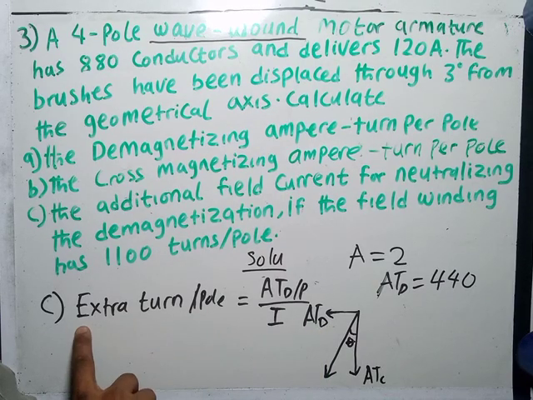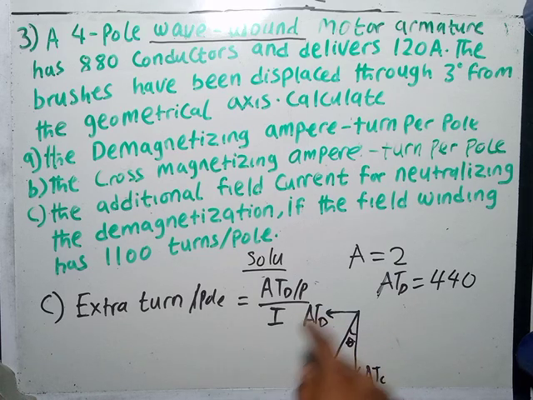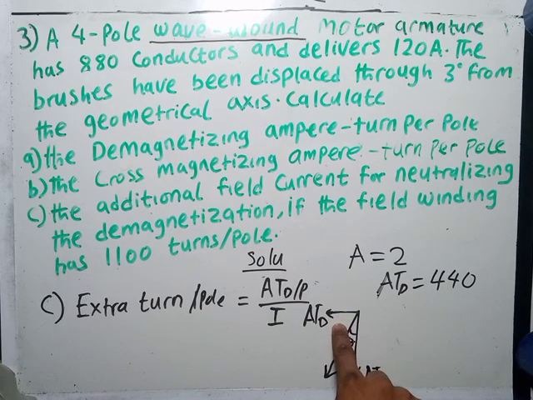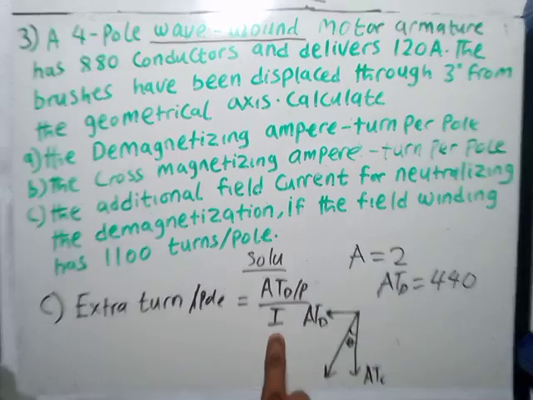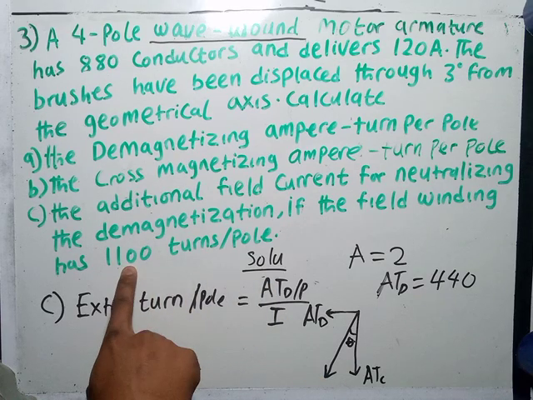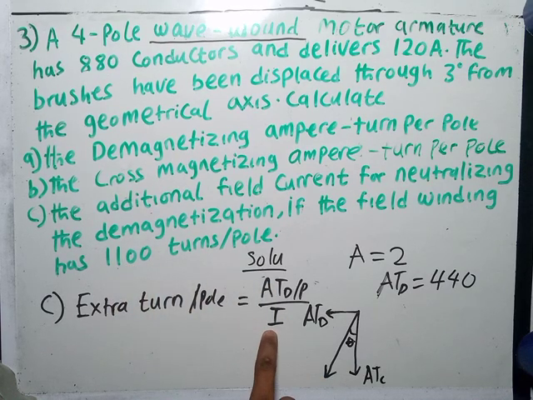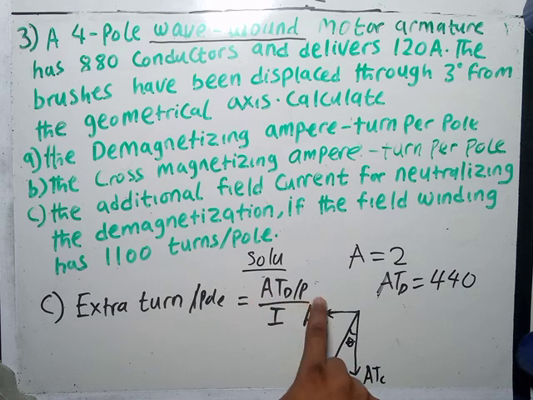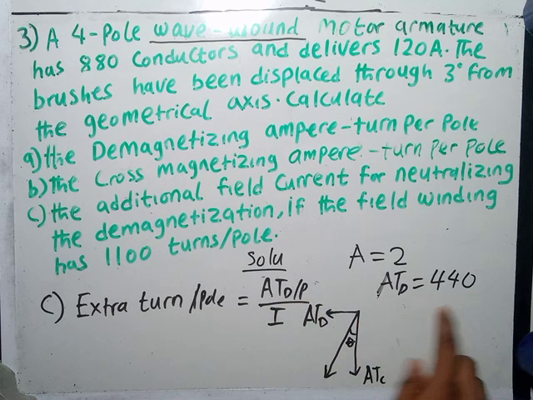So this formula tells us that the extra turn we are adding to our pole is given by the demagnetizing ampere turn, which is what we want to counter, divided by current. Well, this time around they have given us the extra turn, but we aren't given the current. But we already know what our demagnetizing ampere turn per pole is, which is this.